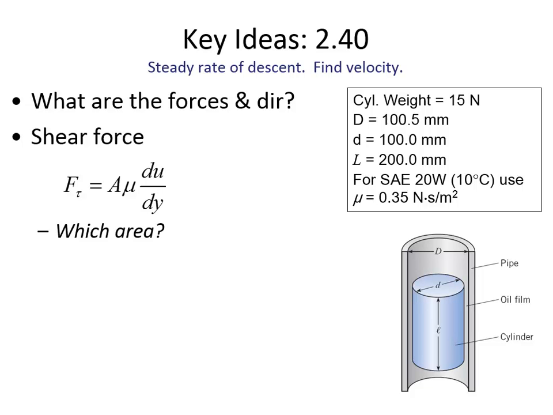We don't care so much about the oil being on the top of the cylinder or the bottom of the cylinder. What we care about is where the oil is in contact with the outside of the cylinder. And so you'll need to calculate the outside area all the way around of that cylinder and substitute it in there for A. The viscosity that you should use has already been provided, 0.35 newton seconds per meter squared.